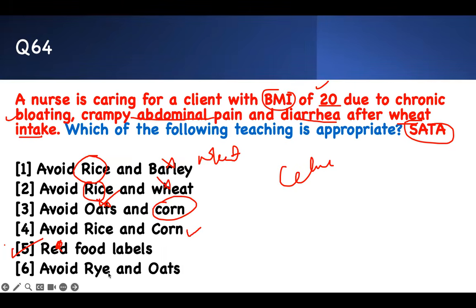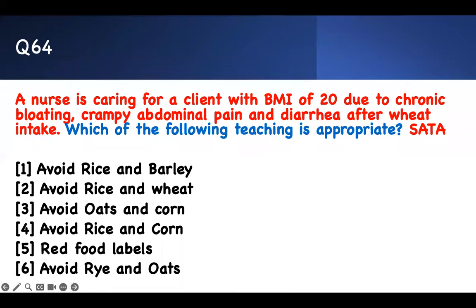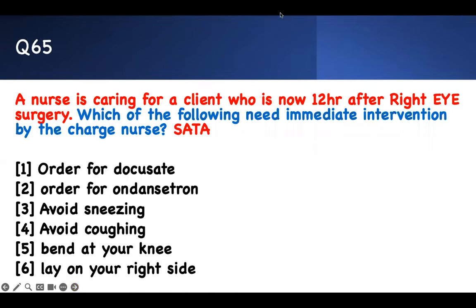Avoid rye and oats, yeah, because this is what they should avoid, right? Barley, rye, oats, and wheat. So this should say read food labels. So this is good. So 5 and 6 are those you should put in the teaching. This is just to confuse you. You've got to go through every line and cross it over.